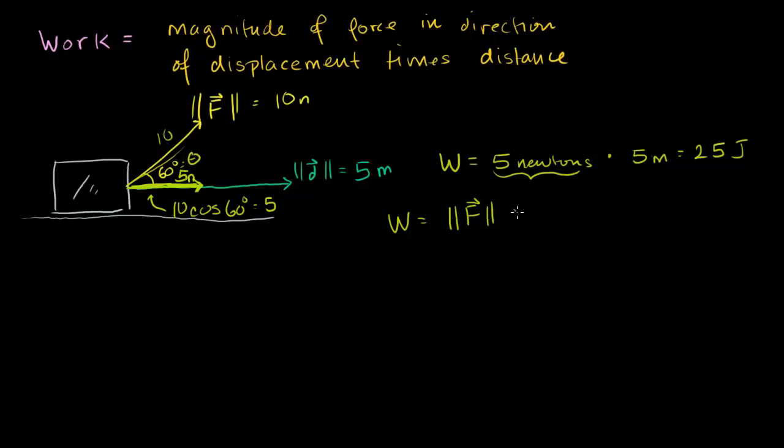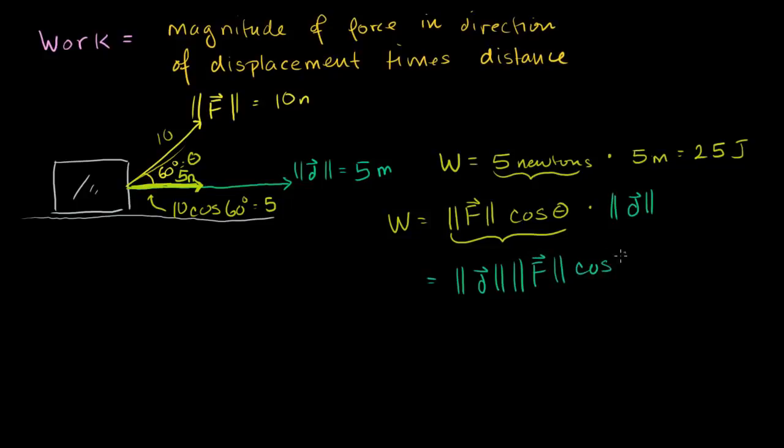That's the amount of my force in the direction of the displacement, the cosine of the angle between them, times the magnitude of the displacement. Or I could rewrite that as the magnitude of the displacement times the magnitude of the force times the cosine of theta.